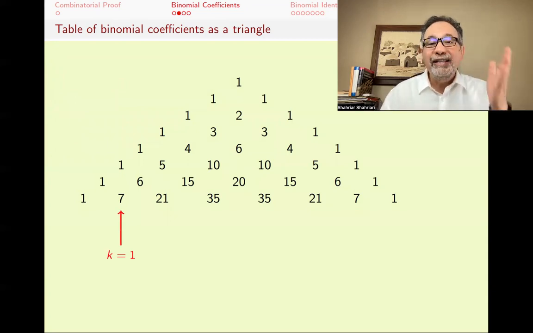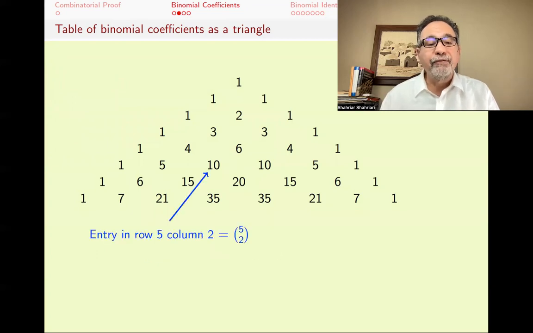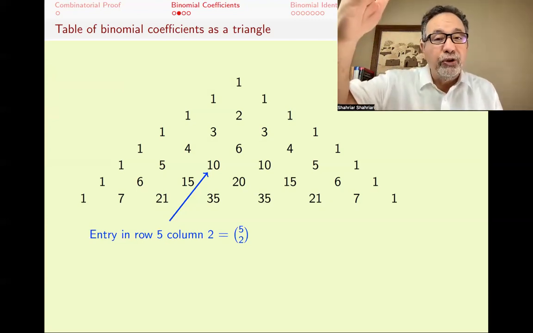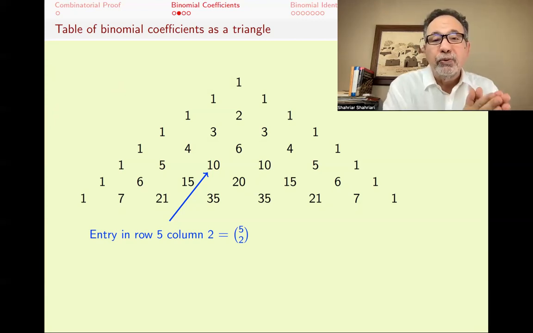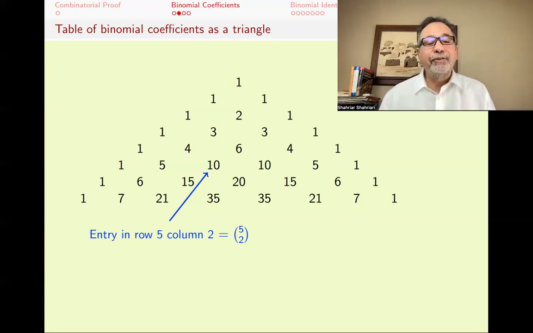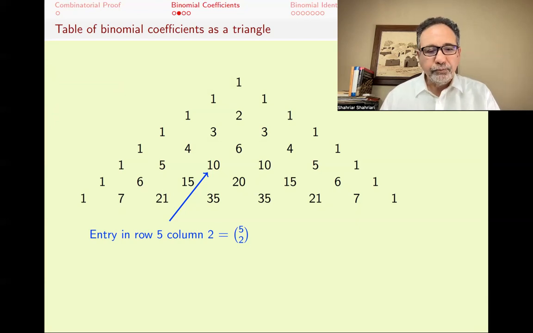In every row, k starts with 0, then 1, then 2, then 3, then 4, and then 5. So, for example, the entry in row 5, column 2 (remember that we're starting with row 0, and in that row we're starting with column 0 as well) is 5 choose 2 and happens to be 10.